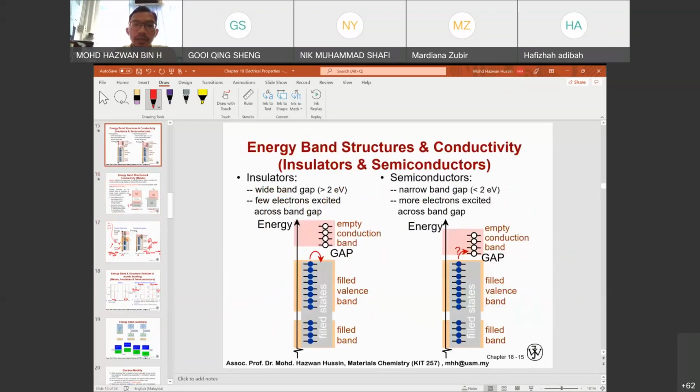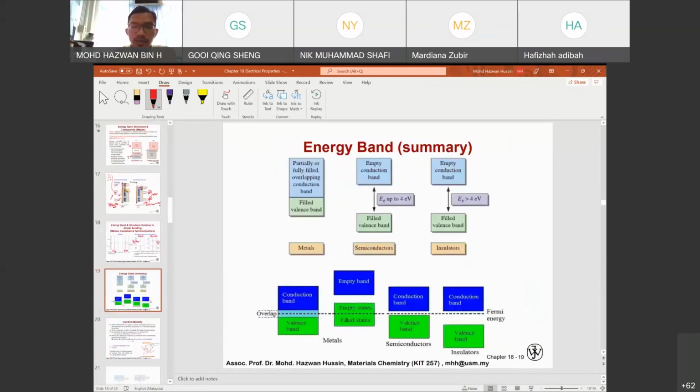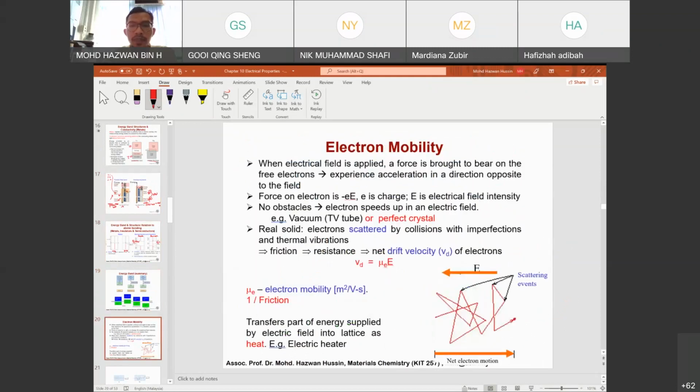Meanwhile, why can insulators not form any conduction? Because the energy band gap is wider. For semiconductors, conduction can form because of a narrow band gap. All this needs to be understood so that you are able to explain those kinds of questions. Electron mobility, maybe we will go through tomorrow.